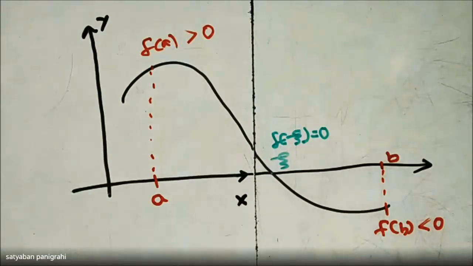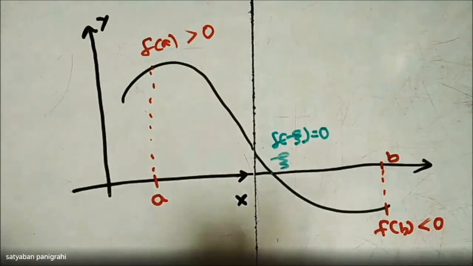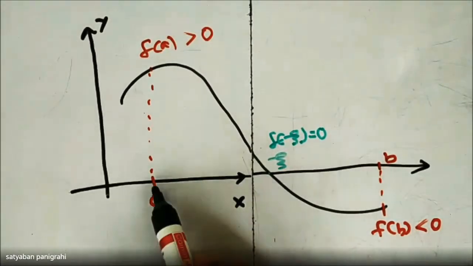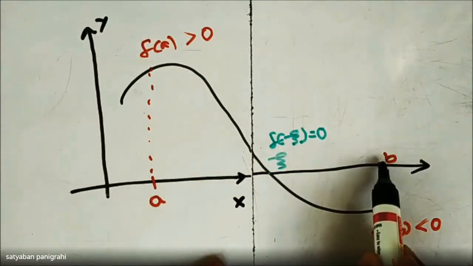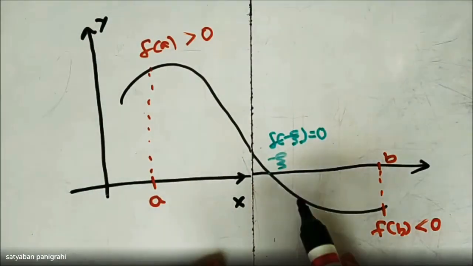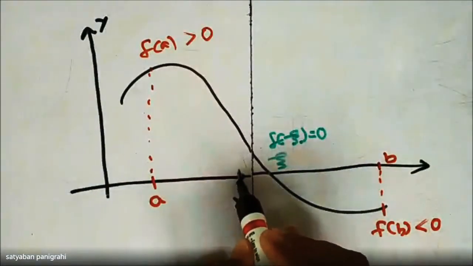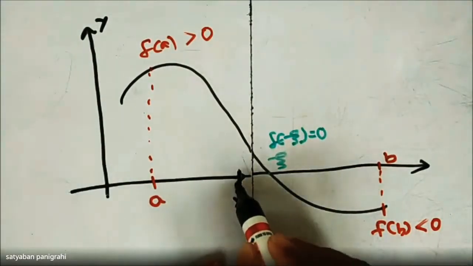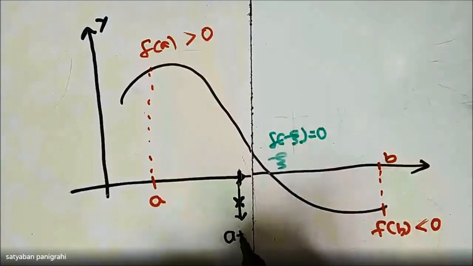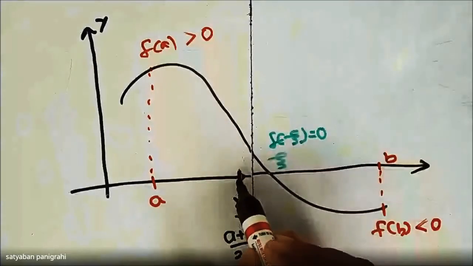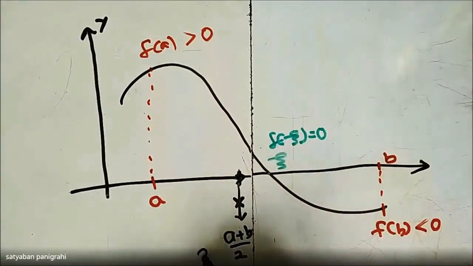Now, to find this j, what do we take? We simply bisect the interval. In our first step, with points A and B, we take the midpoint of this interval, a plus b divided by 2. This is my first iteration x0.